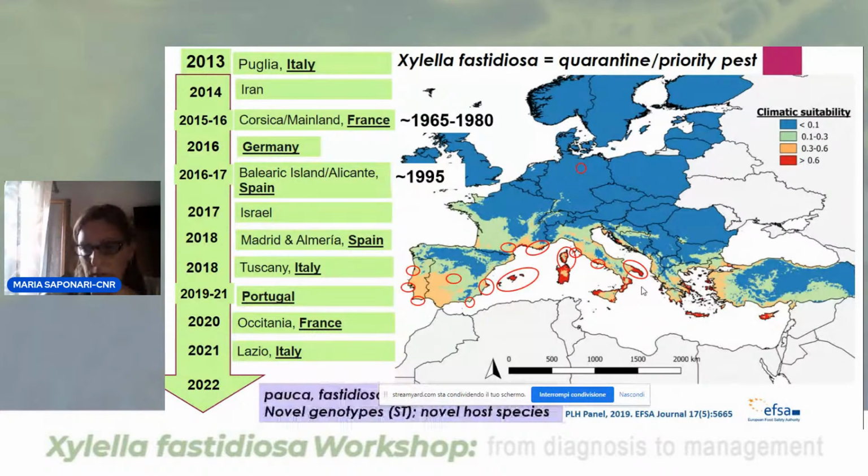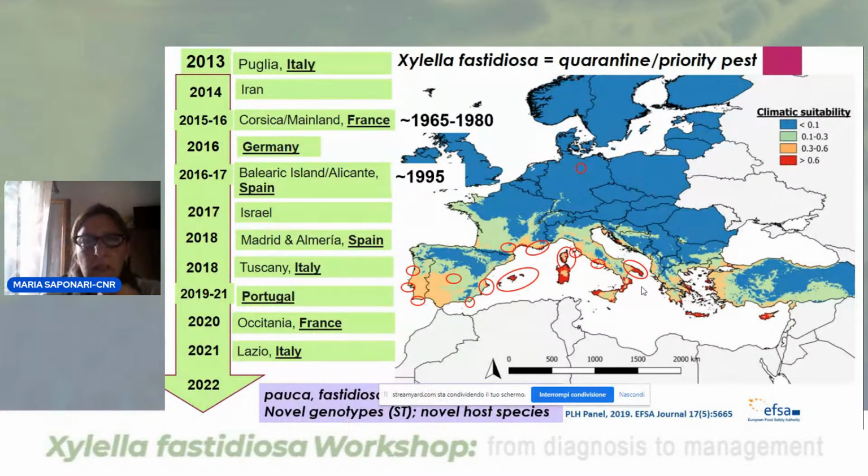The investigation, as I mentioned before, in all these outbreaks showed that we are dealing in Europe with different independent introductions. In fact, in this outbreak, we have strains of at least 3 subspecies of Xylella fastidiosa, so a wide genetic diversity.